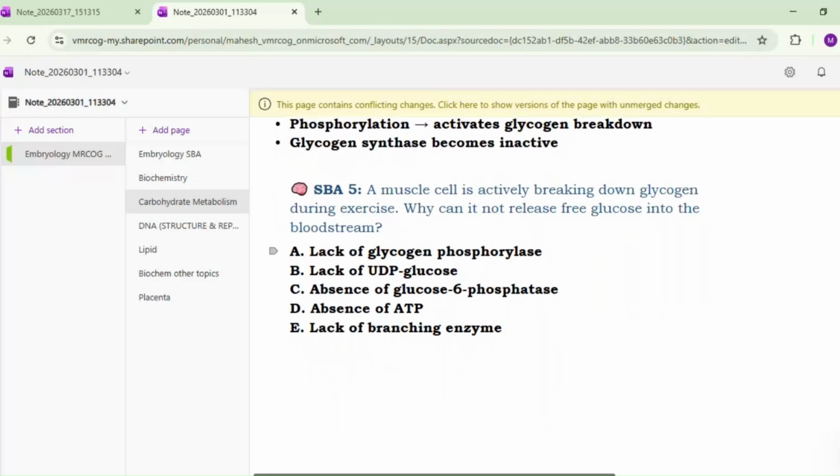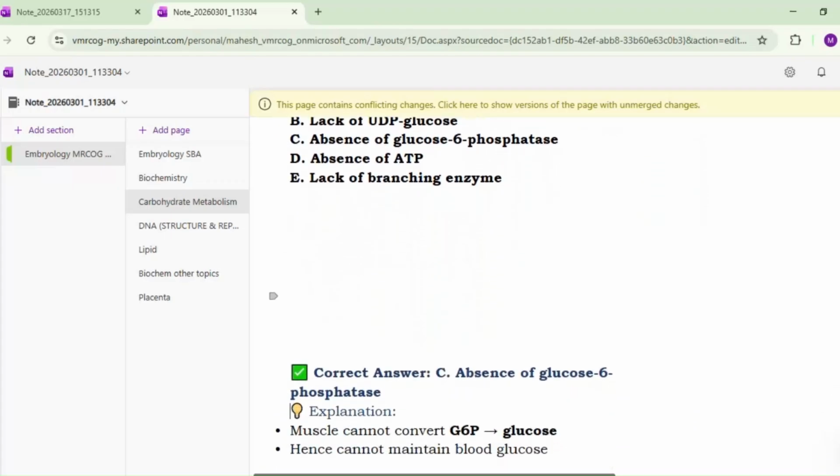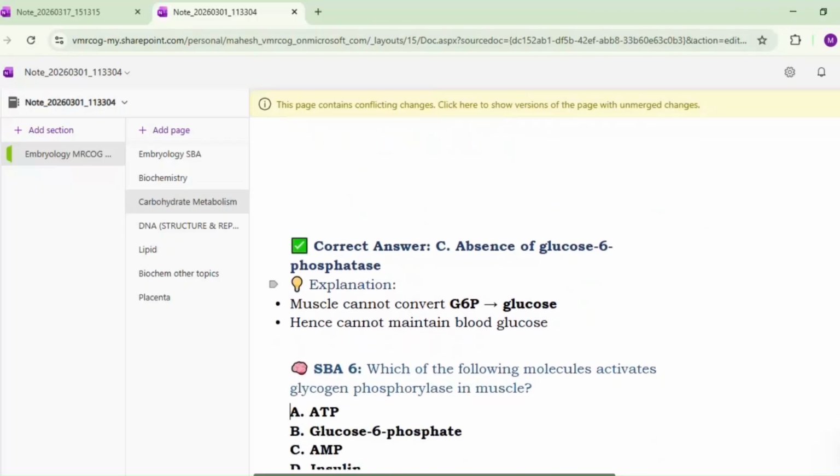Lack of glycogen phosphorylase, lack of UDP glucose, absence of glucose 6-phosphatase, absence of ATP. Sir, option C, absence of glucose 6-phosphatase. Yes. So muscle cannot convert glucose 6-phosphate to glucose, hence cannot maintain blood glucose.